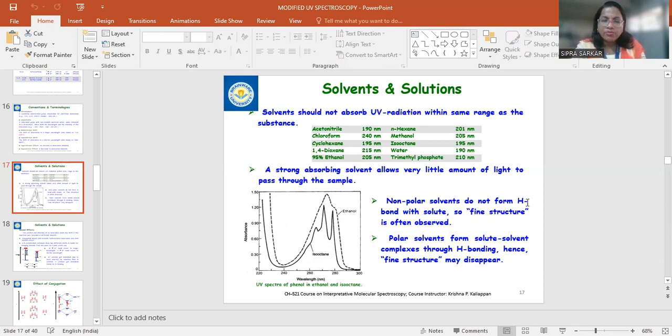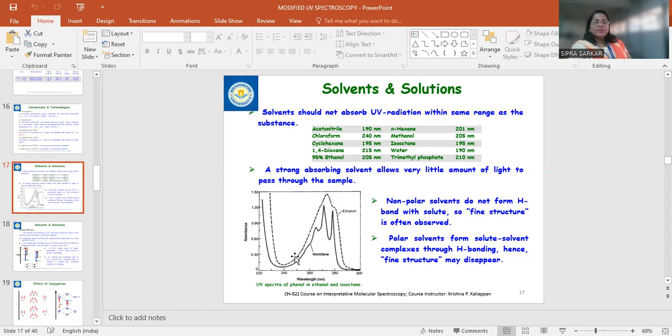Non-polar solvents do not form hydrogen bonds with the solute, so fine structure is often observed. See the non-polar solvents, they generally do not form hydrogen bonds. As a result, we get a fine absorption maximum. Polar solvents form solute-solvent complexes through hydrogen bonding, hence fine structure may disappear.